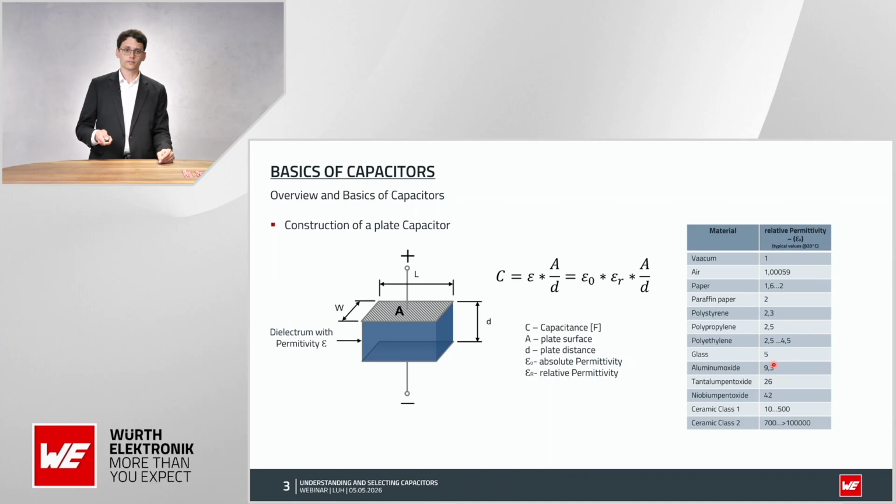And if we also have a look at some other technologies such as aluminum oxide, which will be used for aluminum electrolytic capacitors, for example, or even aluminum polymer, the factor is 9.3, which means that you can get way more capacitance in the same package with aluminum electrolytic capacitors in comparison to film capacitors, which consist of polypropylene, for example. So therefore, there is some technical difference already behind, which explains the different capacitance values of these technologies.